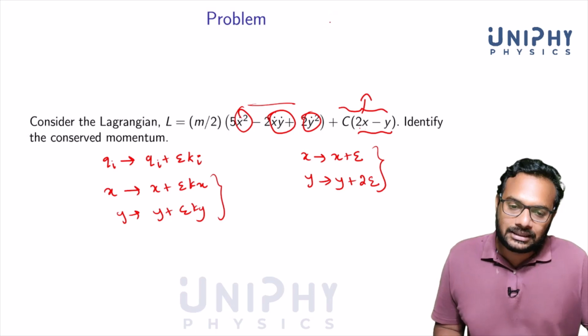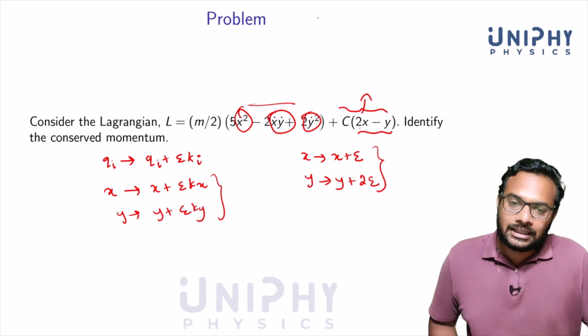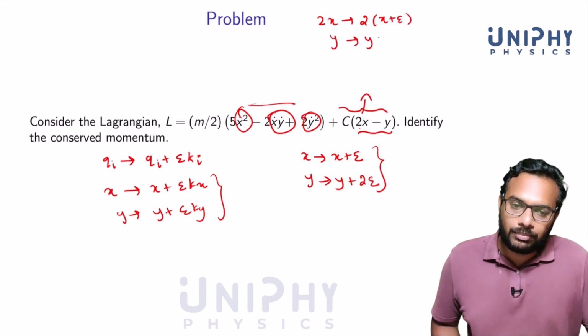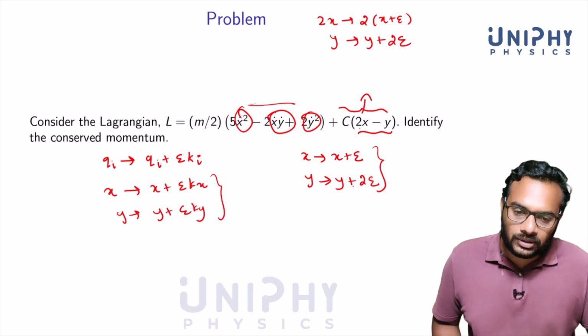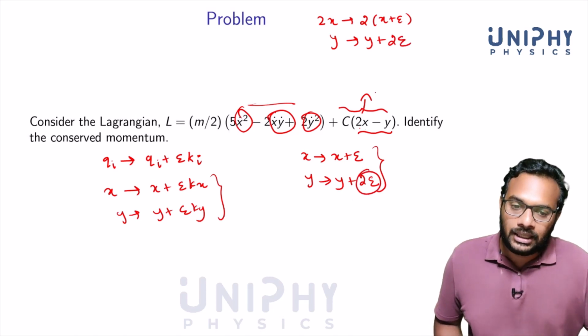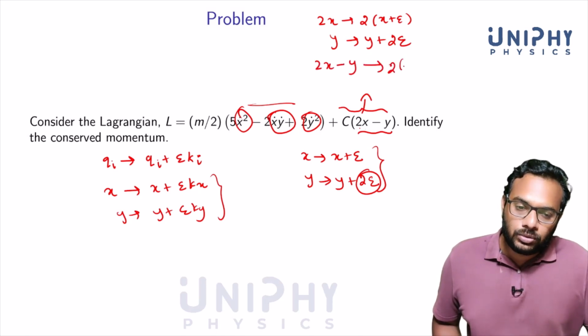So what happens under the transformation x going to x plus epsilon? Then 2x will become 2x plus epsilon. And y becomes y plus 2 epsilon, because that's the transformation that we are talking about here. What happens to this combined term? 2x minus y becomes 2x plus epsilon minus y plus 2 epsilon.